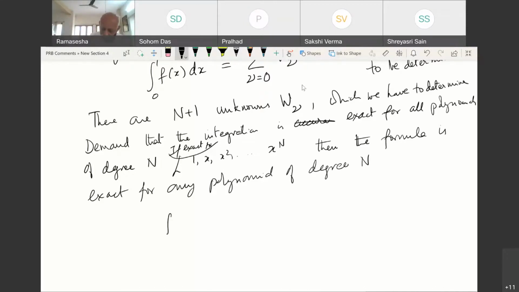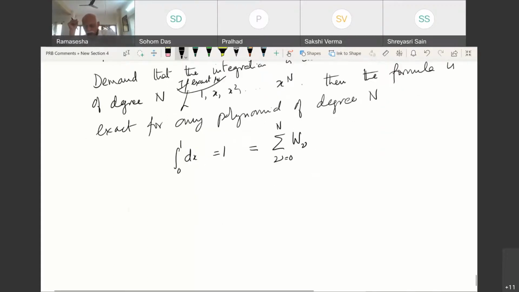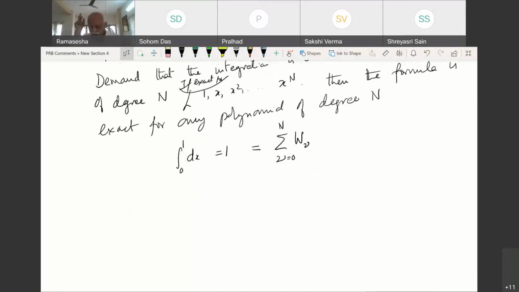So I have integral 0 to 1 dx is equal to 1, which equals the sum of w_nu. For the 2-point formula, the sum of the two weights is 1. Then I have integral of x dx, what is the value?